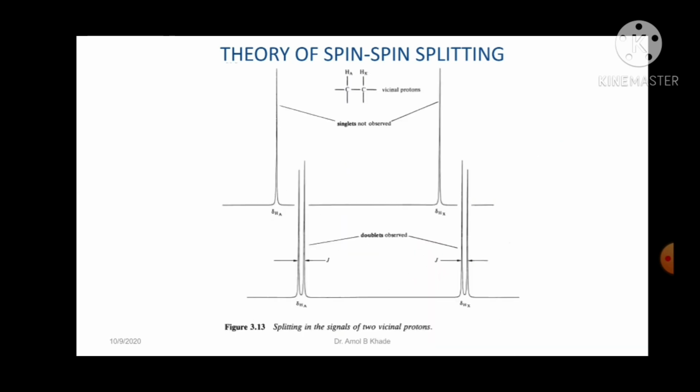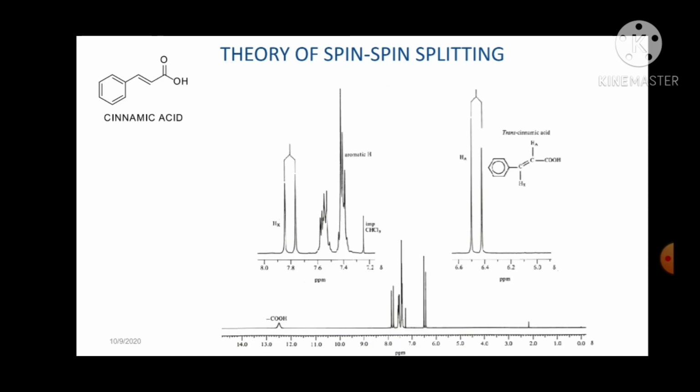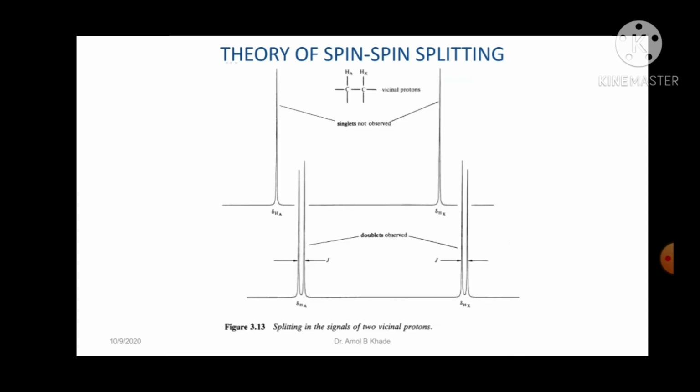Now the question is, why have these 2 CH protons split into a doublet? Why is there spin splitting or coupling? So we need to look at the theoretical aspect of this spin splitting or spin coupling. Here we are considering these 2 protons, CHA and CHX.